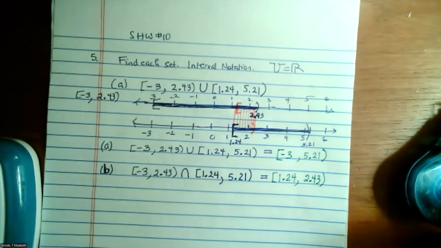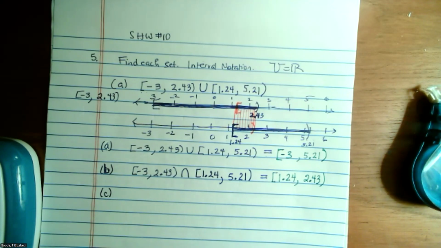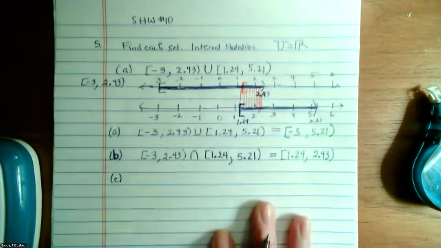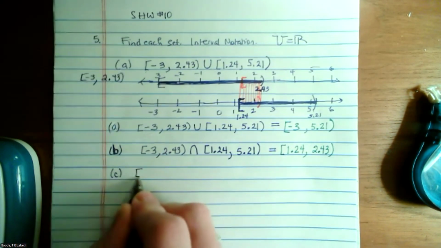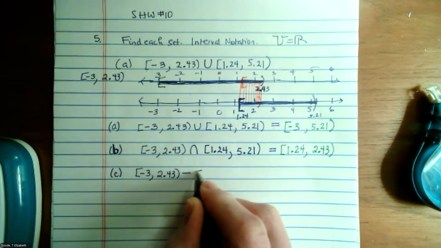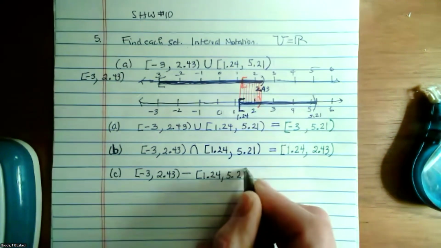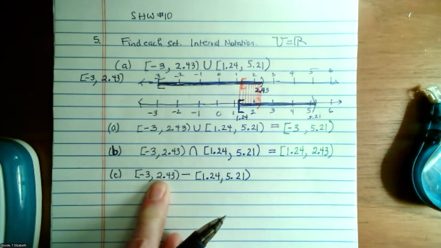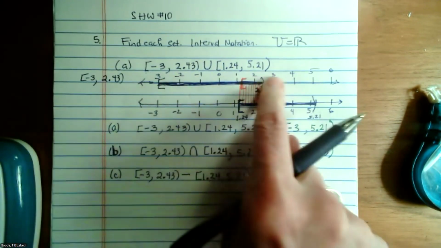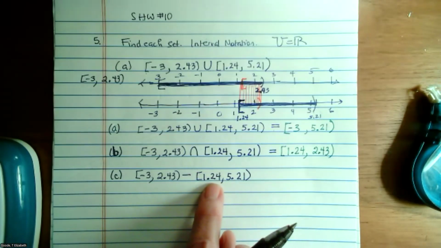Now we're going to do set subtraction for part C. We're going to subtract them. So we start with the elements in the bigger set, all of these, and we subtract away the elements that are in this set.